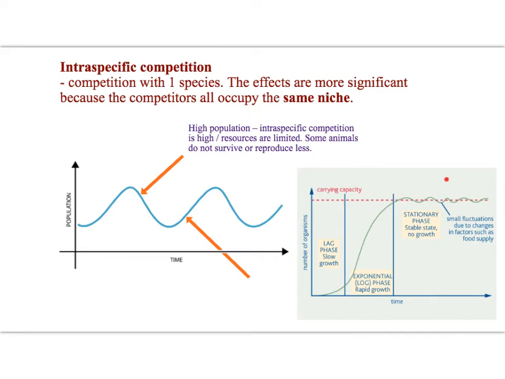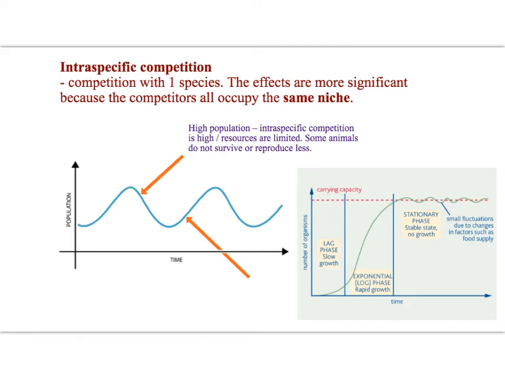If we just zoomed in on the stationary phase over here, the small fluctuations, when the population rises beyond the carrying capacity, which we've got here, so that's like the maximum population that the habitat can support. When the population rises above the carrying capacity, you have more intraspecific competition.